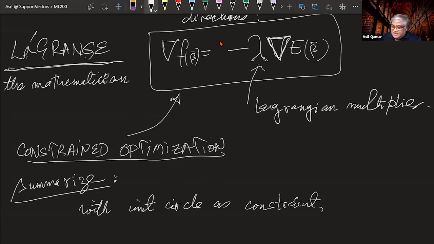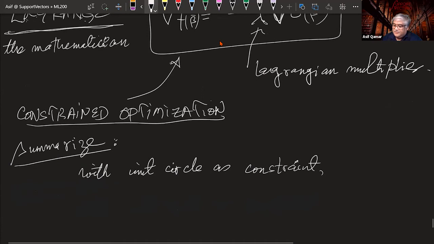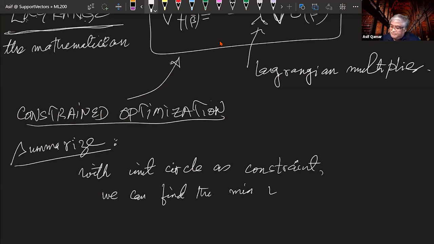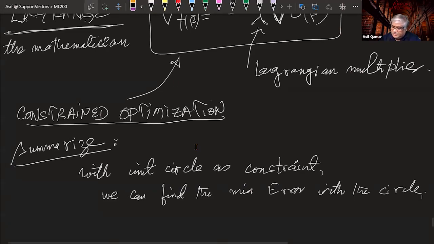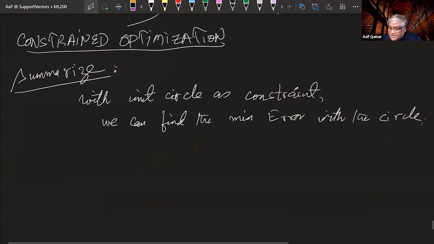As constraint, you get error. We can find the minimum error within the circle. Within the circle, right? That is the solution we will take. So let's explore this a little bit more. There are some very interesting consequences with this.